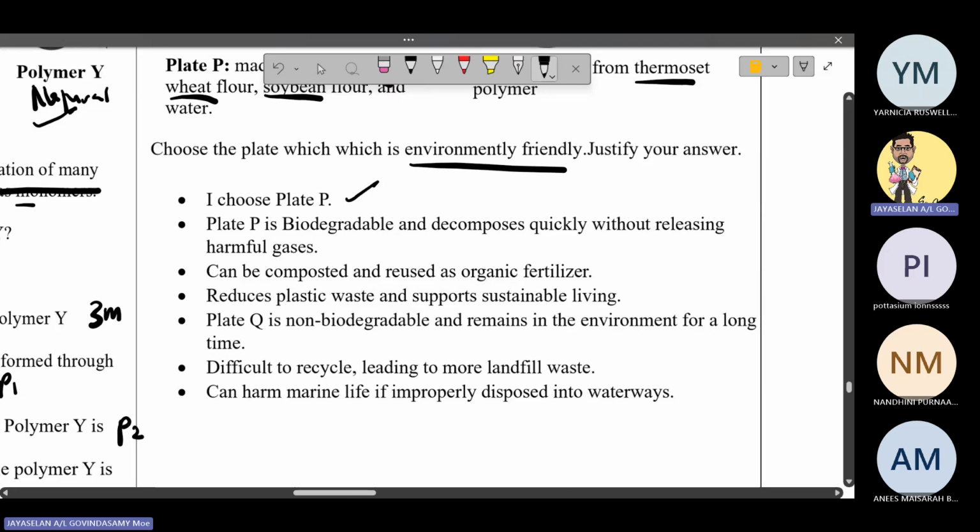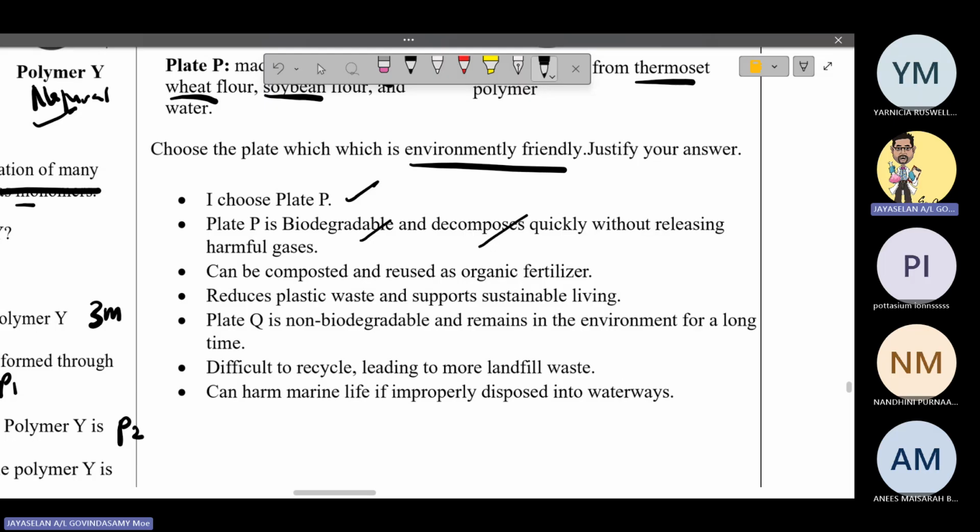So I choose plate P. Why plate P? Plate P is biodegradable and decomposes quickly without releasing harmful gas. This is two marks. The next one: it can be composted and reused as organic fertilizer. This is a very strong answer.